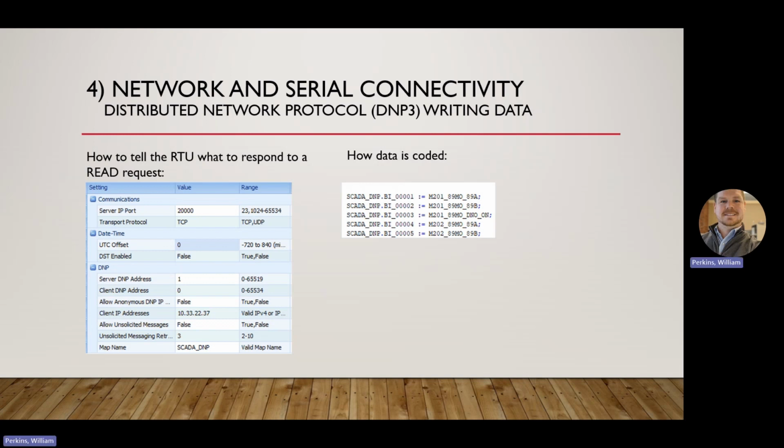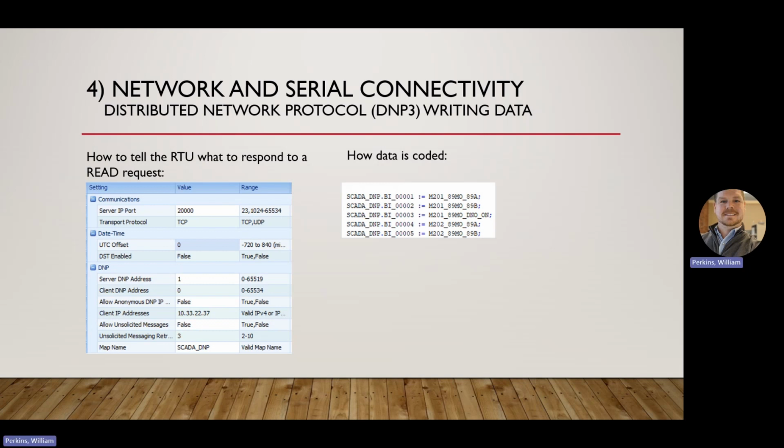We can see all the same initial information with the IP port of 20,000 establishing the DNP port, remote client IP address of 10.33.22.37 with server DNP address of 1 and client DNP address of 0. The major difference here in communicating with the ECC is the map. The map specifies the one-for-one information that the RTU is sending over.